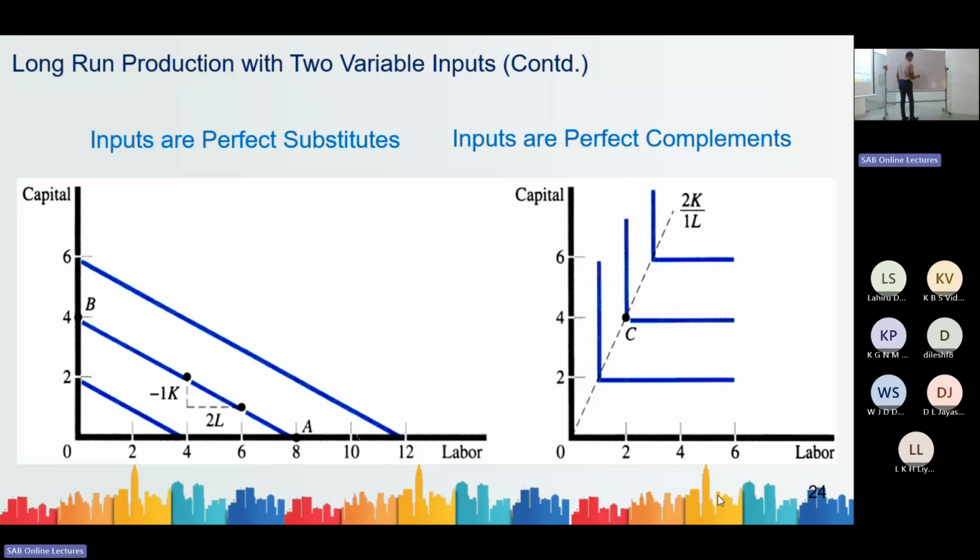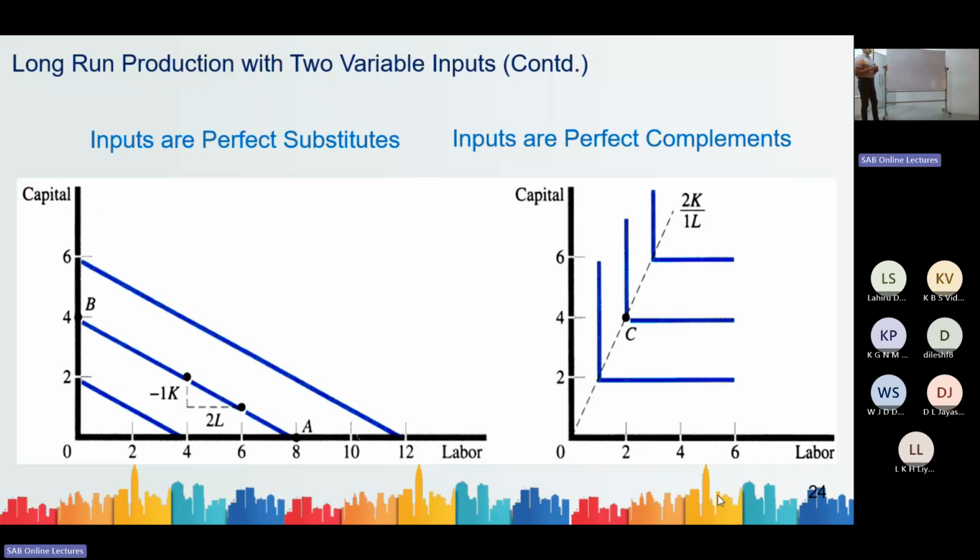It will look like this. 2 kilograms of local potato or 2 kilograms of imported potato will be needed to produce 2 kilograms of potato chips, or a combination is also possible. So that is how the isoquant curve for two perfectly substitutable inputs behaves.